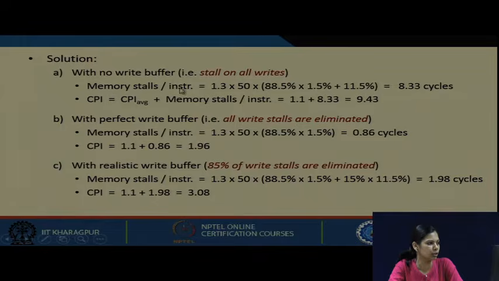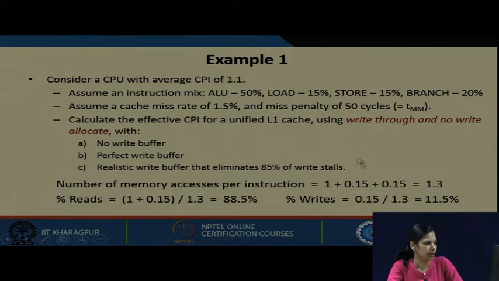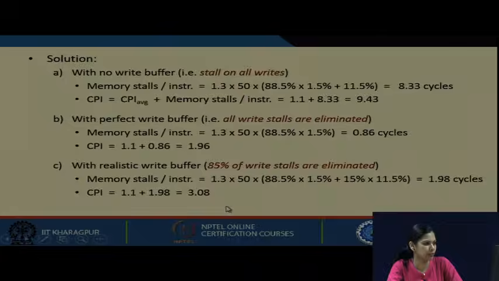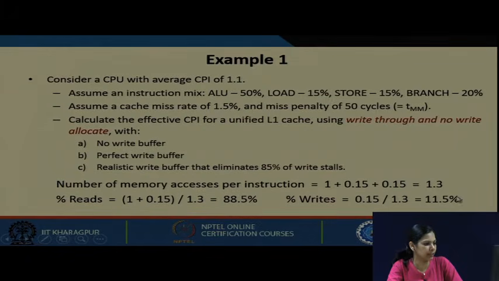So, the memory stalls per instruction will be 1.3 multiplied by 50 into percentage read of 88.5% plus percentage write of 11.5%, and assume that there is a cache miss rate of 1.5%.